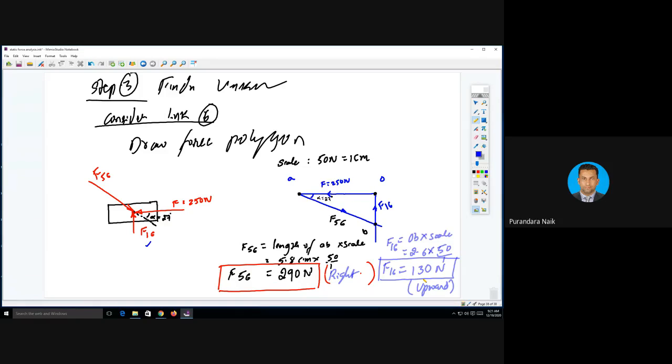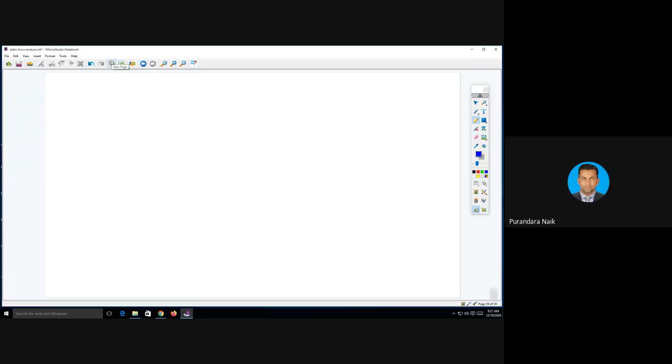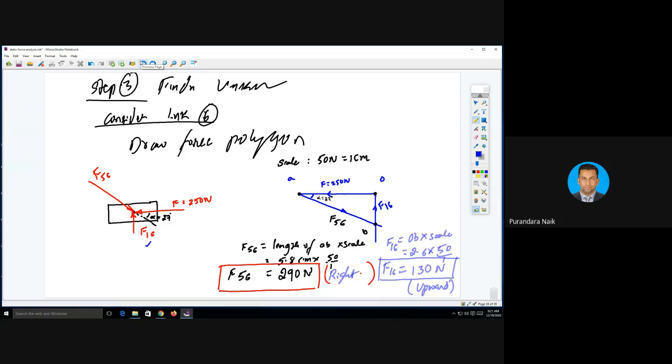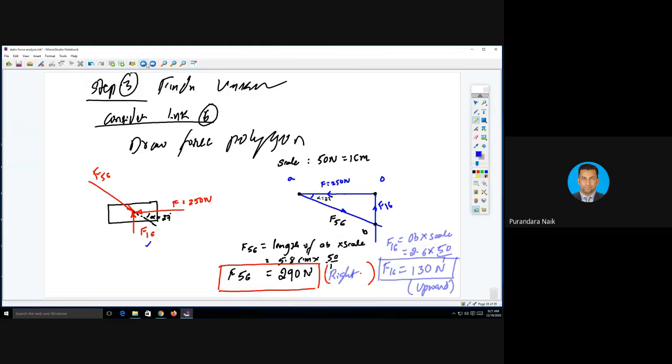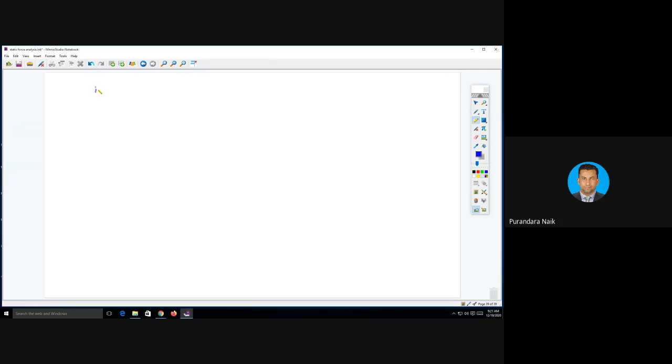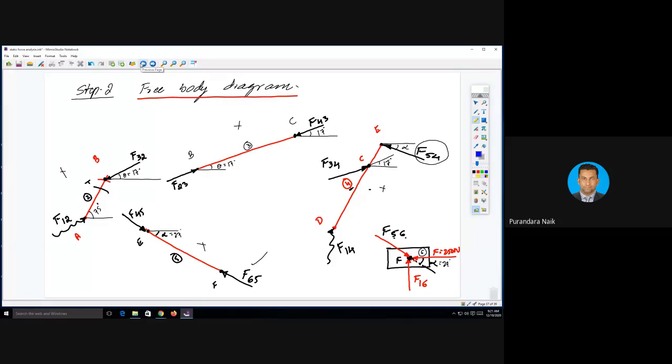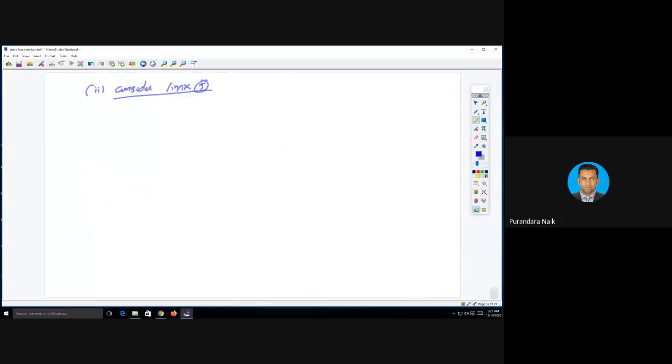Next. Finished? After finding F16 and F56, you can consider link number 5. You see link 5. F65 is equal to, on link number 5, you can draw the freehand sketch, not a problem. Otherwise, it is not necessary to draw the figure, already drawn.